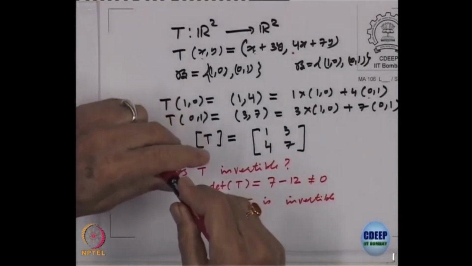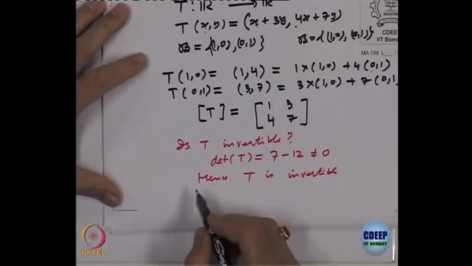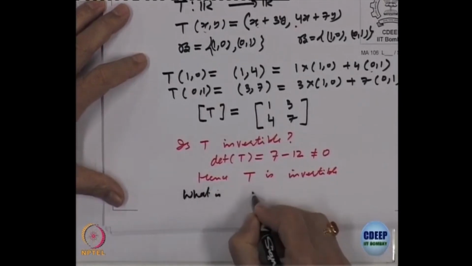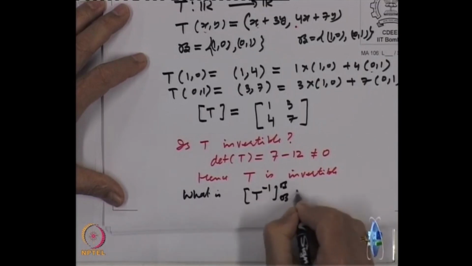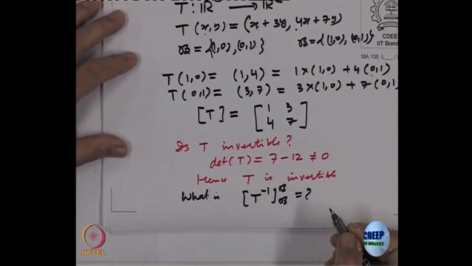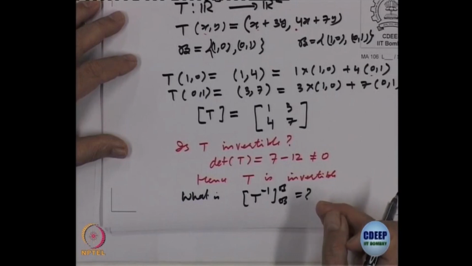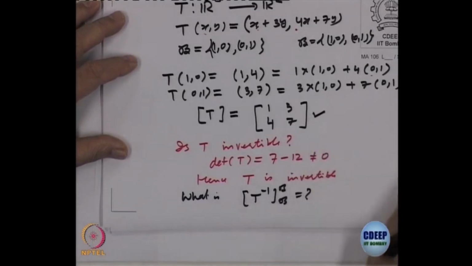So T is invertible. What do we want to do now? What is the matrix of T inverse? I want to find the matrix of the inverse linear transformation. What will that be? By the theorem, it is the inverse of this matrix.